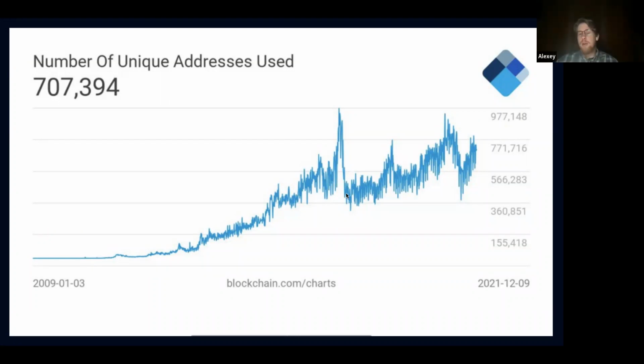Of course, the number can also fall, as you see from here especially, and the number of addresses falls when the coins on the address are spent.